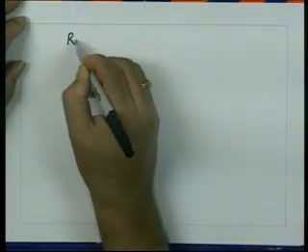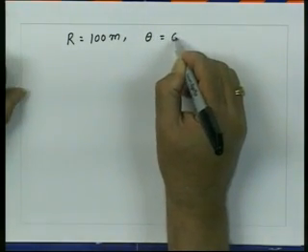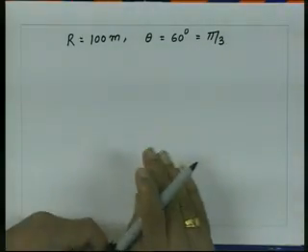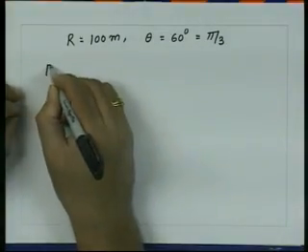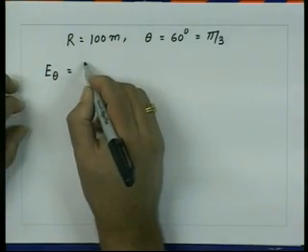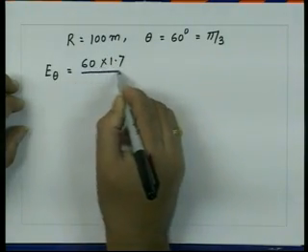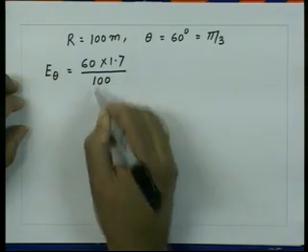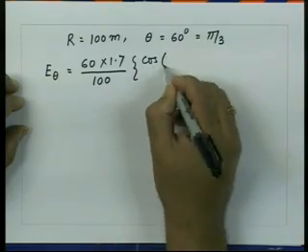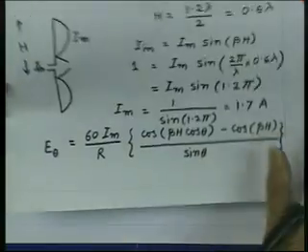Here we are given that r is equal to 100 meters, and theta is equal to 60 degrees, that is pi by 3. So the theta component of the electric field will be equal to 60 Im, which is 1.7 amperes, divided by 100 meters, into cos of 1.2 pi, that is beta h, multiplied by cos theta, which is 1 by 2.